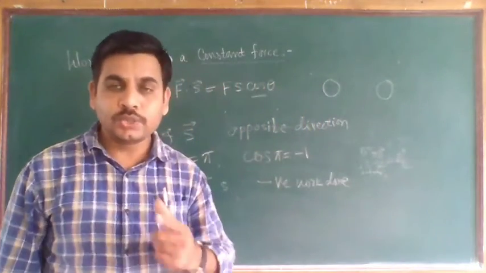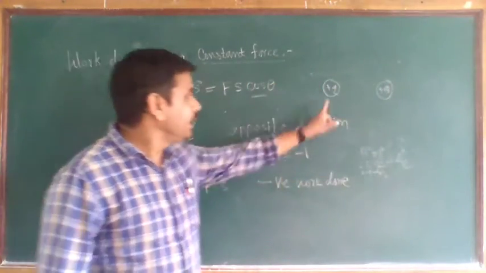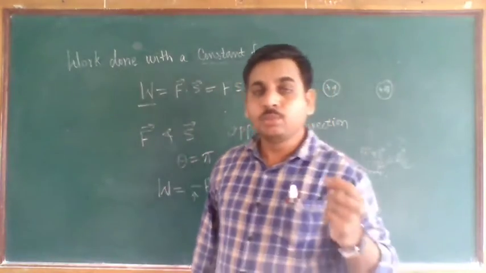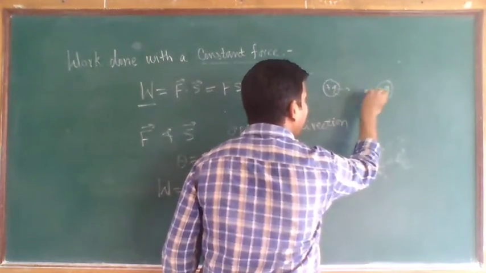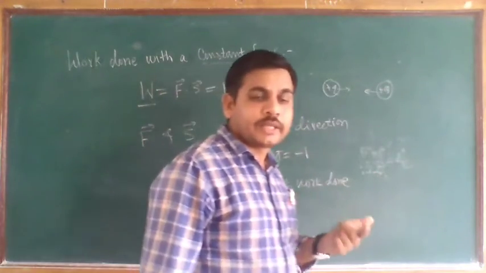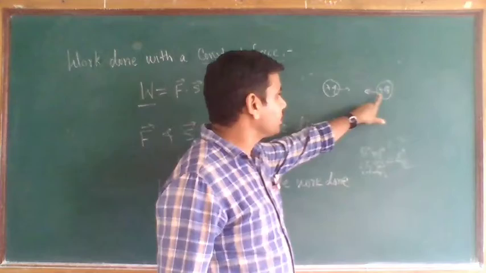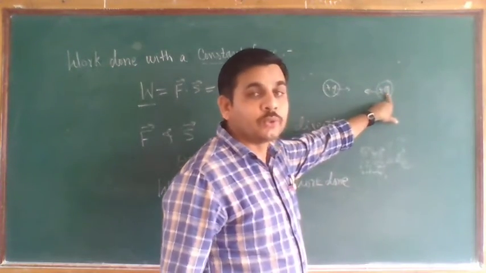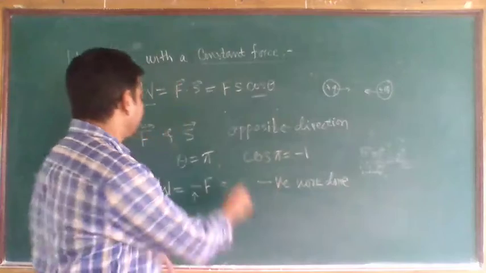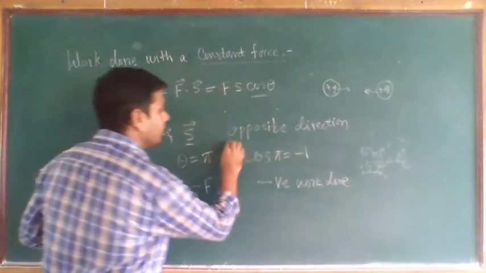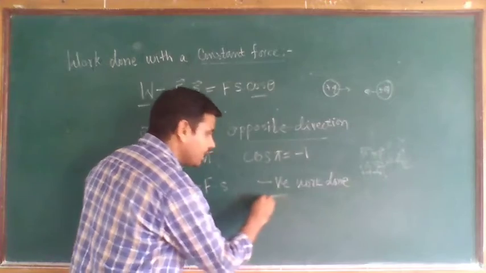Just consider two charges, a small plus q and a capital Q. When the small positive charge q moves toward the positive charge Q, the force and displacement are in opposite directions, and in that condition you get the total work done as negative.